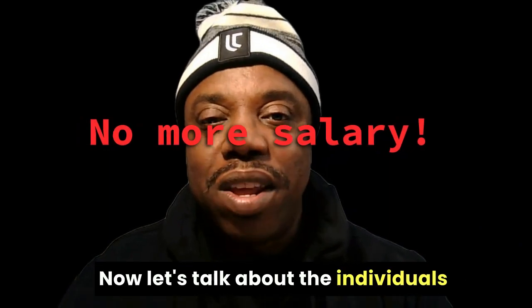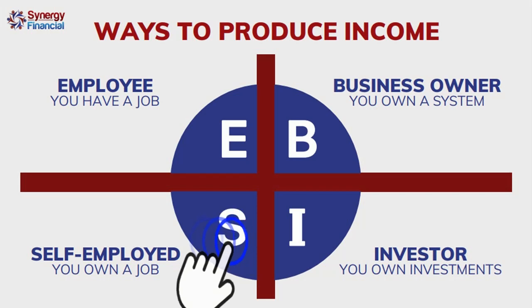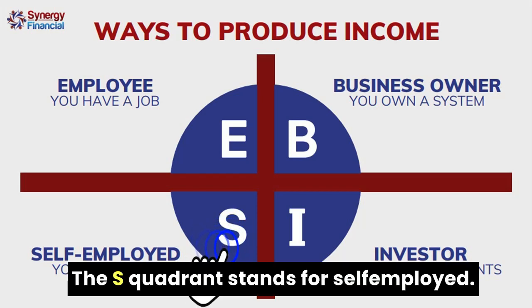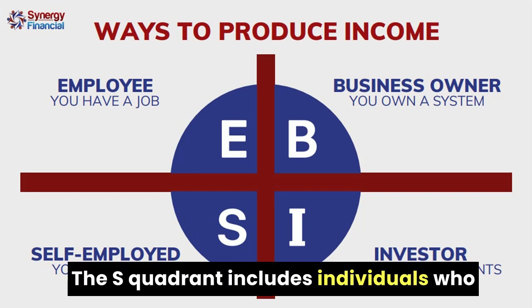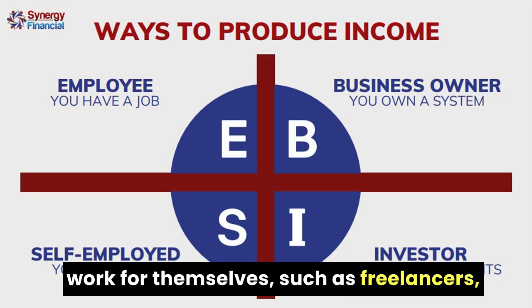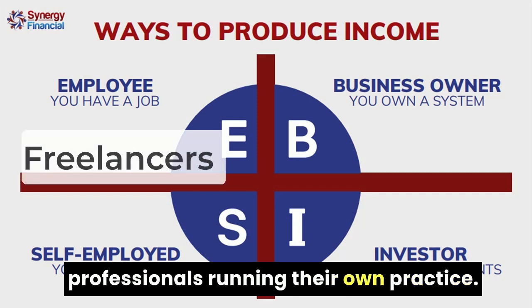Now let's talk about the individuals who are in the S quadrant. The S quadrant stands for self-employed. The S quadrant includes individuals who work for themselves, such as freelancers and professionals running their own practice.